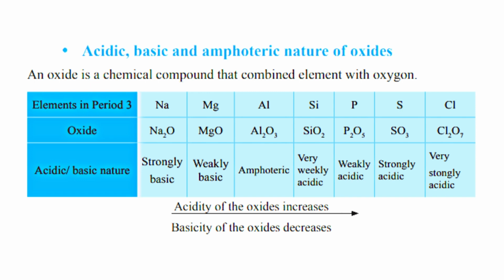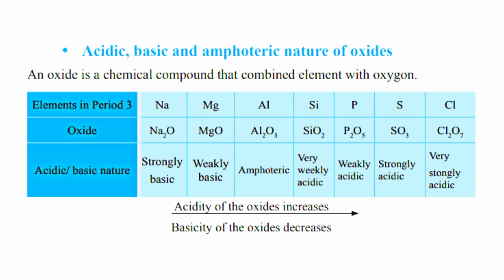From silicon to chlorine, the acidity of the oxides increases. Aluminium oxide shows both acidic and basic properties. Such oxides are called amphoteric oxides. Accordingly, from left to right of a period in the periodic table, the basicity of the oxides decreases and their acidity increases.